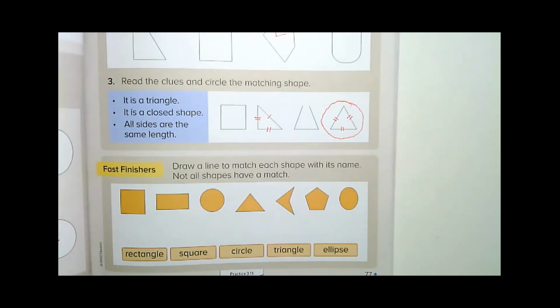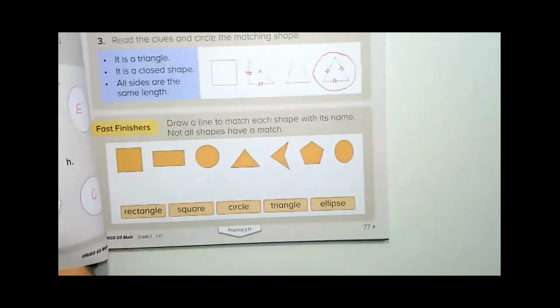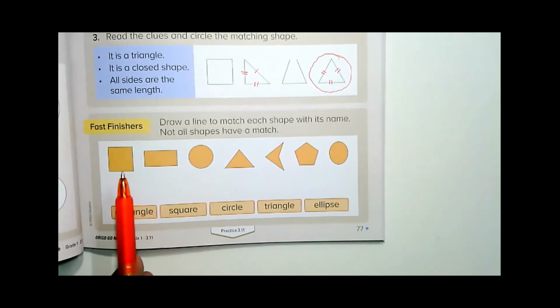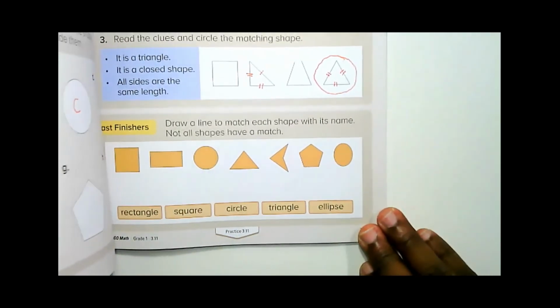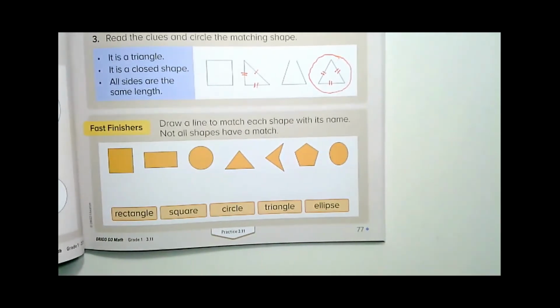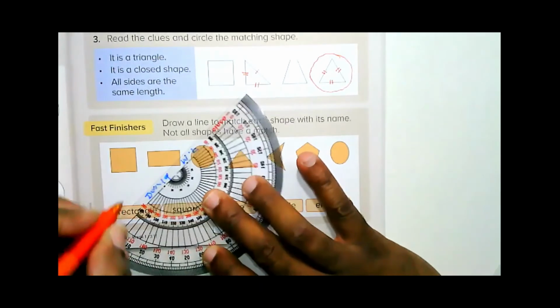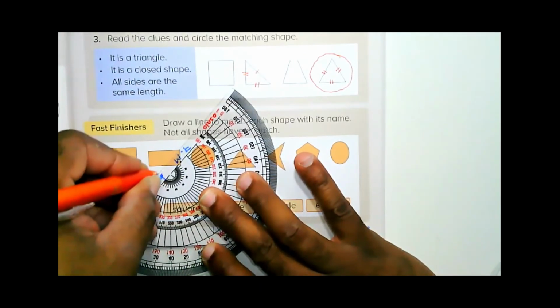Now let's go on to the fast finishers. Draw a line to match each shape with its name. Not all shapes have a match. A rectangle has equal opposite sides, parallel sides. So this is a rectangle.